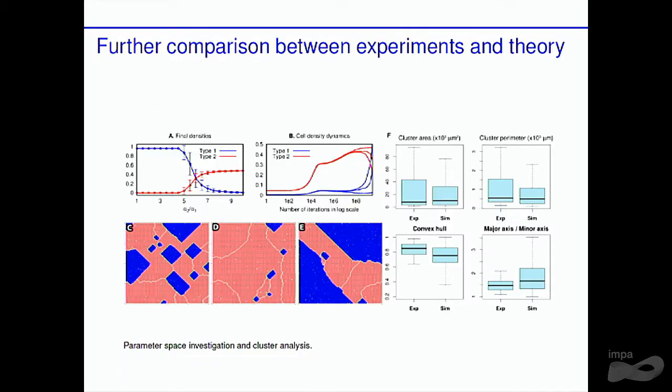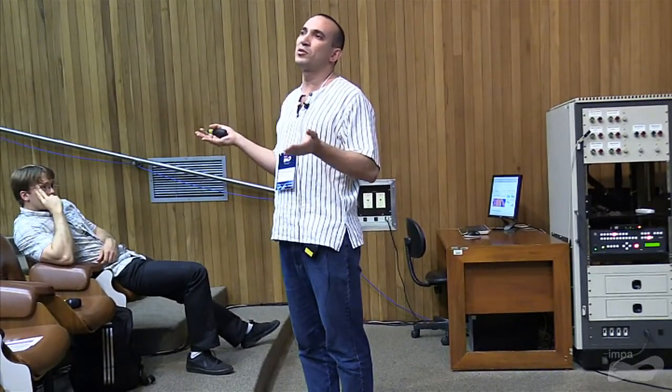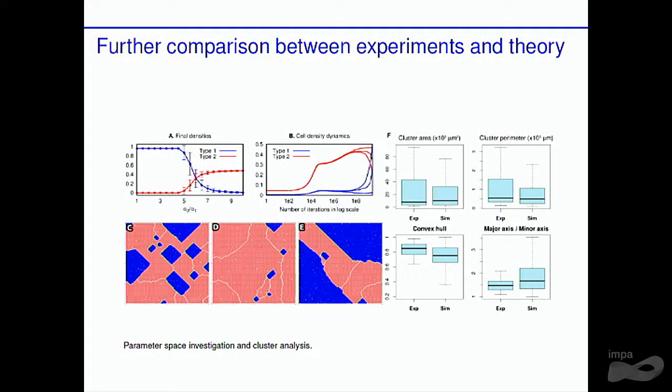So those are further results. In the first simulations, all the rates, the cell division rate for cancer and normal cells, were the same, death rates were the same, and so on. Here, let's consider that the normal cells division rate becomes bigger than the tumor cells division rate.